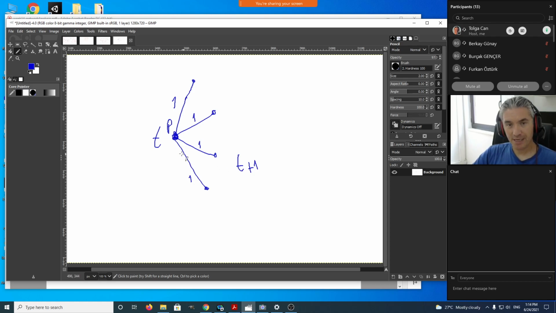But turning it into a Markov chain, we have transition from state to state. So being at p at time t is some state. Now, which state I'm going to be at t plus 1 will be one of those 4.